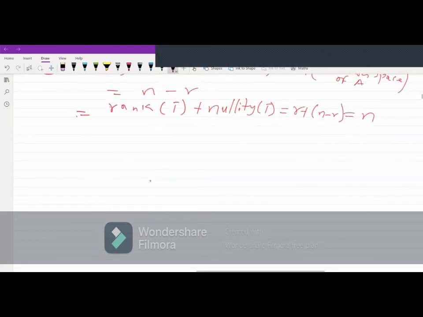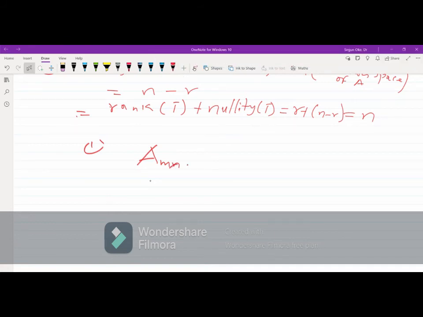Let's say we have a matrix A, an m by n matrix, where the rank of A plus the nullity of A equals n.